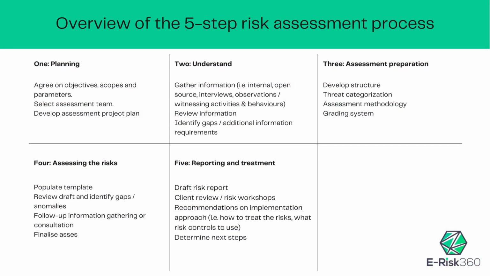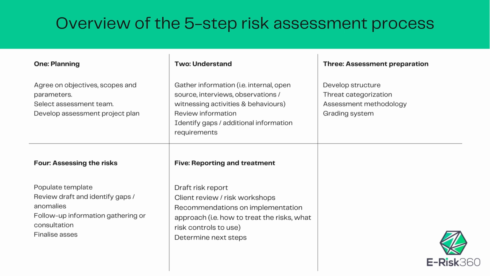So let's have a look at the overview of the 5-step risk assessment process. First of all, we have to look at the planning aspect. We have to agree on objectives, scope, and parameters. We have to select our assessment team and develop an assessment project plan.